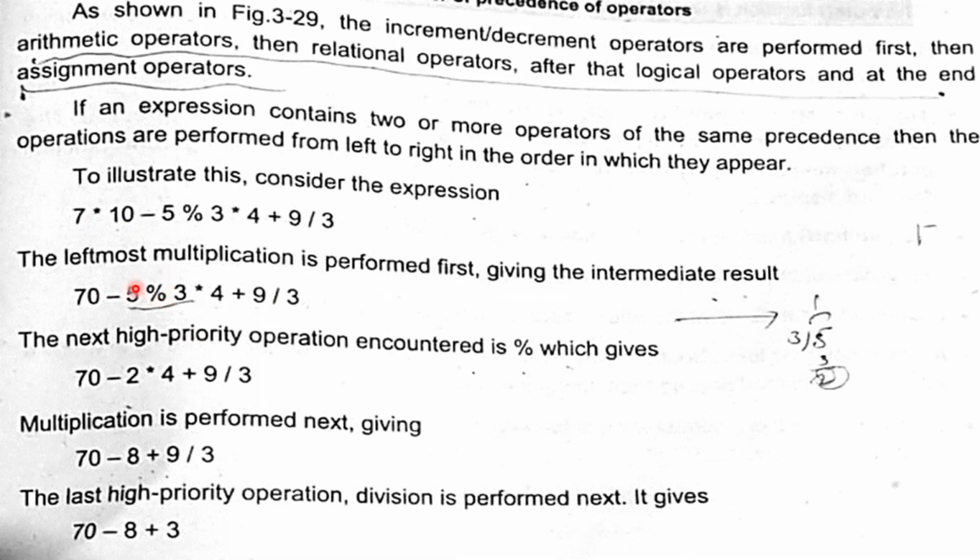This one is not a division sign; this one is a remainder sign. This one is the division sign. 5 remainder 3, 2. 2 multiplied by 4, 8. And then 9 divided by 3, 3. And then 70 minus 8, 62, plus 3, 65.